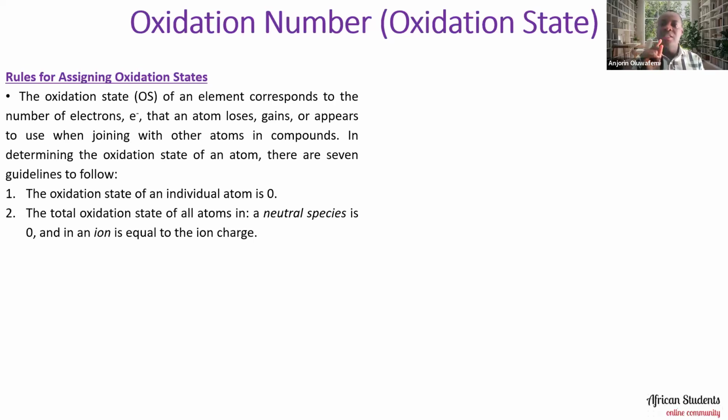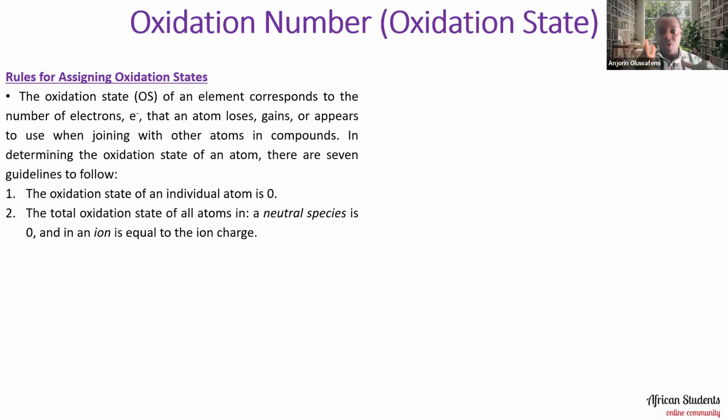But that is not the case when you have a charged species, either positively or negatively charged. I'll give you an example. If you have SO4 2-, that's superscript 2 minus. What you notice is that the oxidation state of all the atoms, sulfur and oxygen, will be equal to -2.